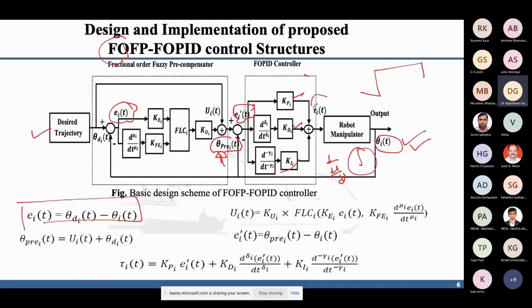This control signal is not only the control, it is also the torque. Right now, because this is a simulation work, we did not consider the motor here. If you have a motor, then this controller is going to be in the motor. The motor generates the torque, and due to the torque, your manipulator link is going to move, right?